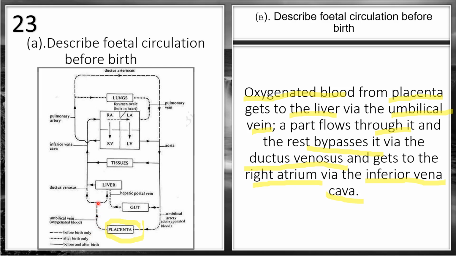Some of the oxygen will be taken to the liver, and the other will bypass the liver through the ductus venosus, and it will go through the inferior vena cava, and it will enter into the right atrium.